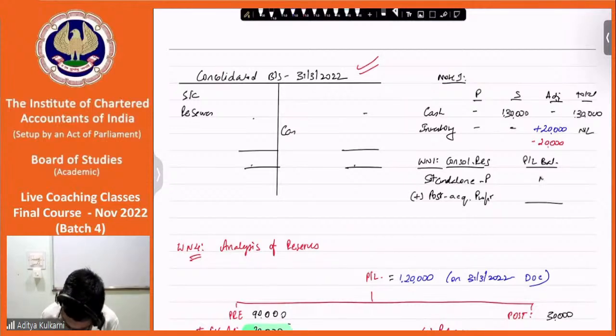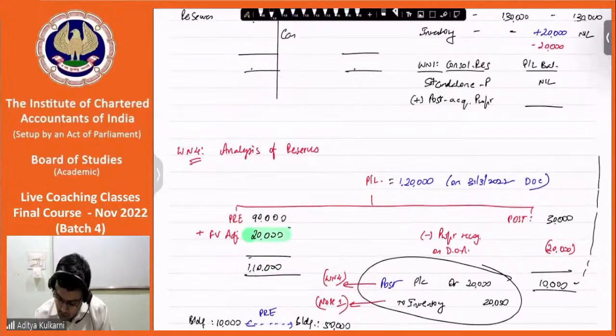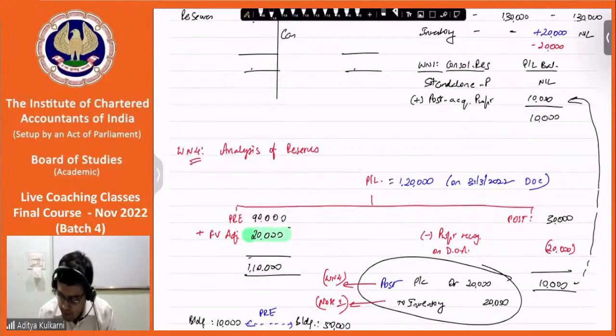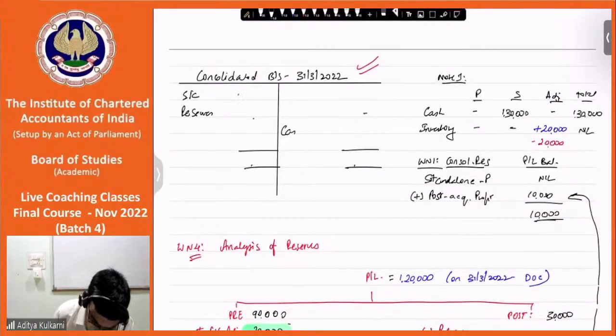Standalone profit is 0. But there is a post-acquisition profit of rupees 10,000, which is now going to come to P Limited in the consolidated P&L. So ultimately, your consolidated balance sheet is going to look like this. 1 lakh rupees is going to be the equity share capital.